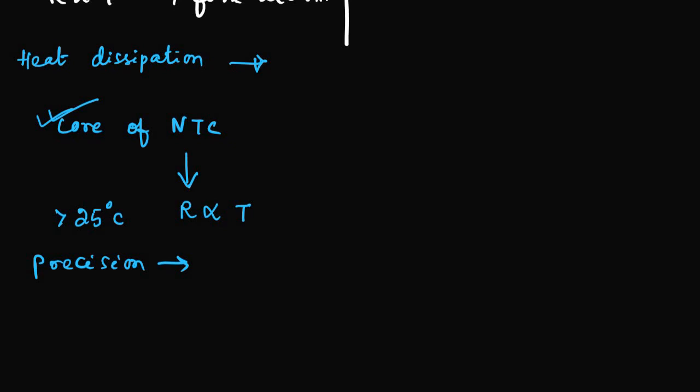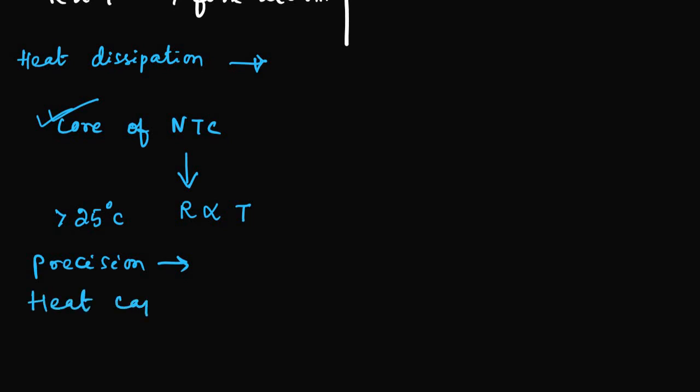That's why it is not being used in many high functioning and high temperature rating applications, and where the exact or precise controllers are needed, it is not being used. Now, what is heat capacity?